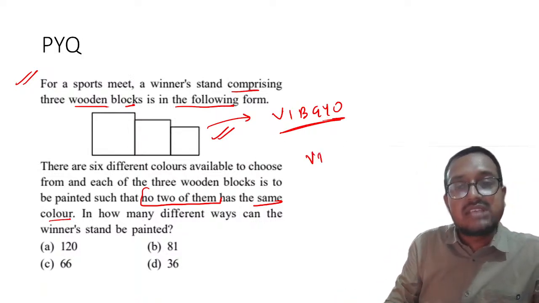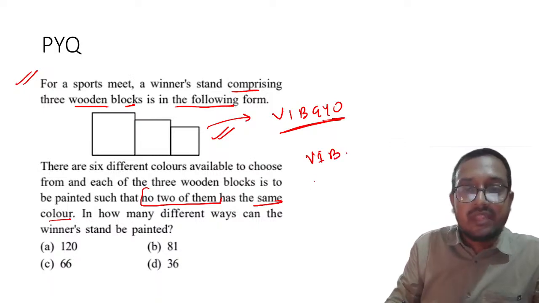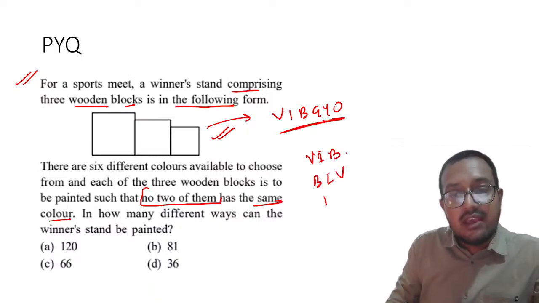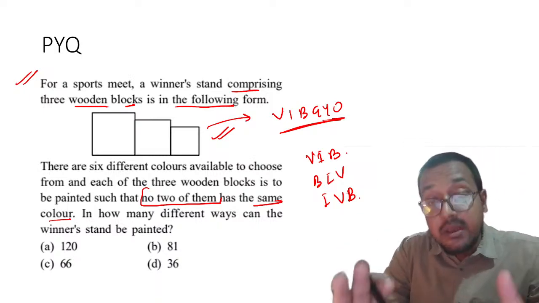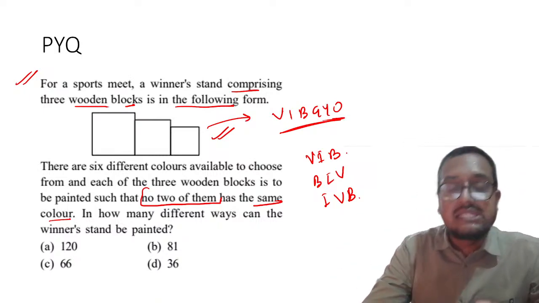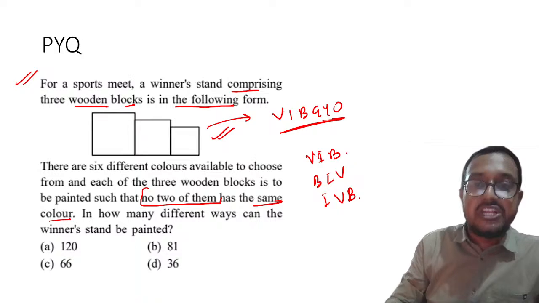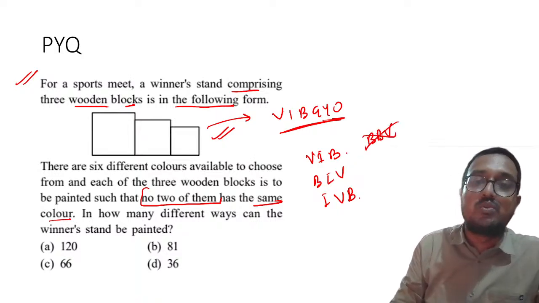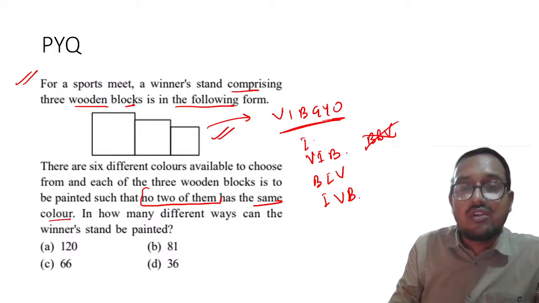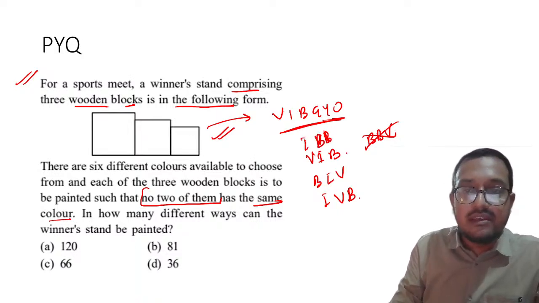In this case, sometimes I can use VIB, I can also use BIV, I can also use IVB, and any other possible combination. But what is important is there should not be any repetition of color. That means BVV is not allowed. Please remember, blue, violet is not allowed. I can always go for IBV, right?